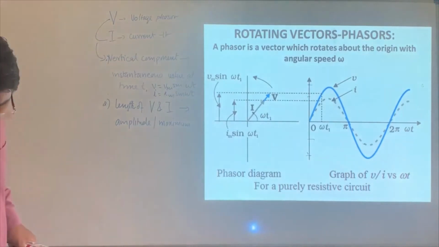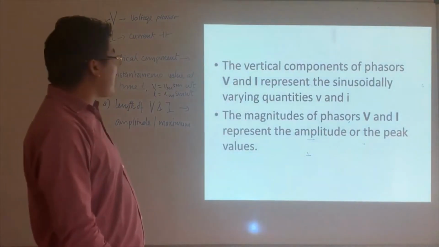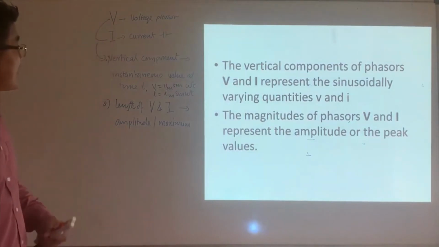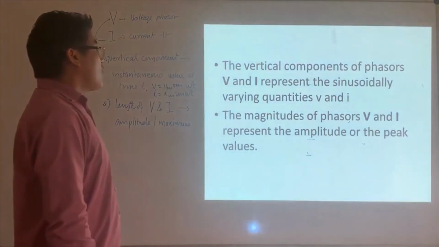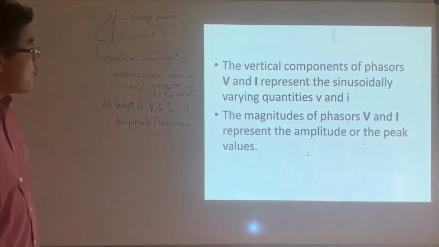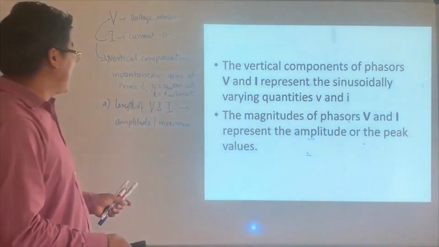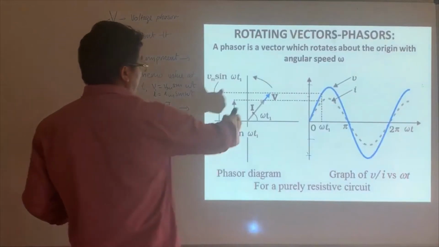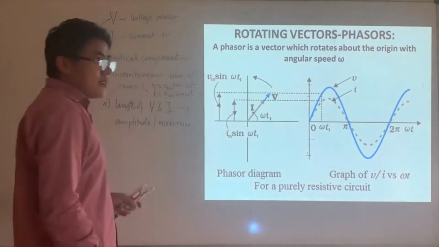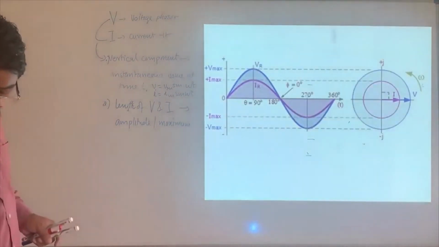So the vertical component of a phasor V and I represents the sinusoidally varying quantities V and I. The magnitude of the phasor V and I represents the amplitude or the peak value. That means the lengths of V and I represent the maximum or peak value.